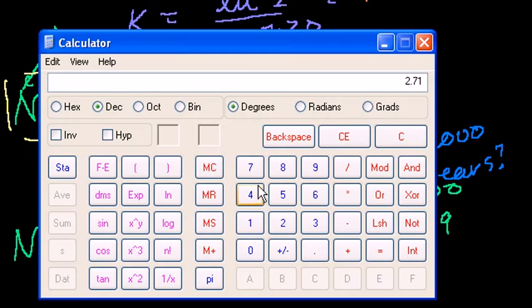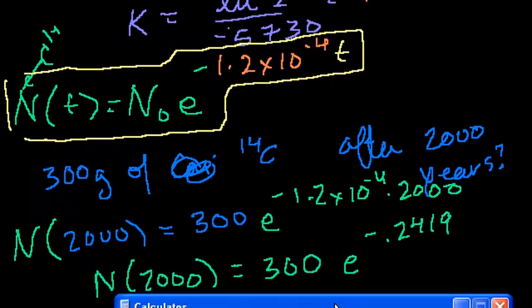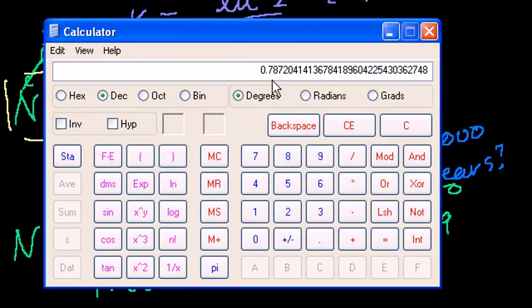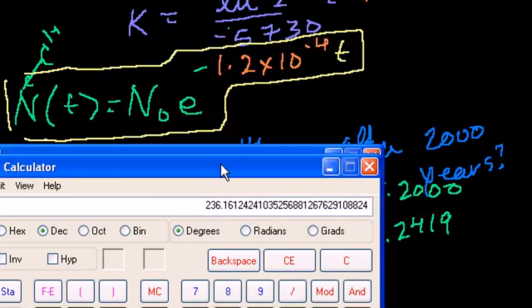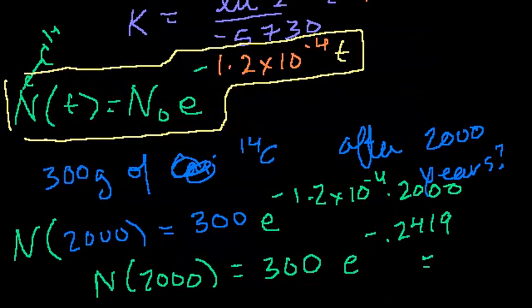I could keep adding digits, but I'll just do 2.71 to the negative 0.24, which is equal to 0.78 times the amount that I started off with, times 300, which is equal to 236 grams.